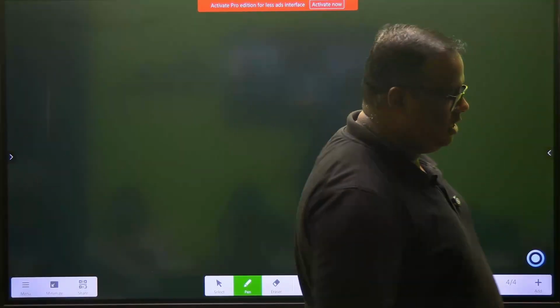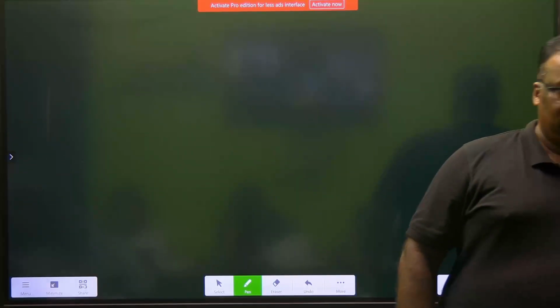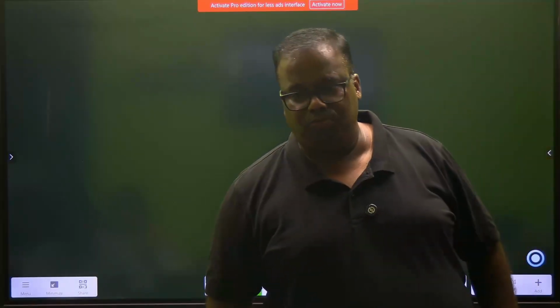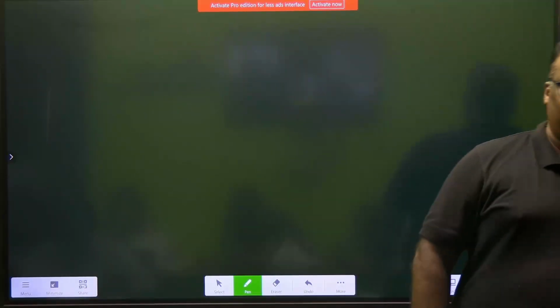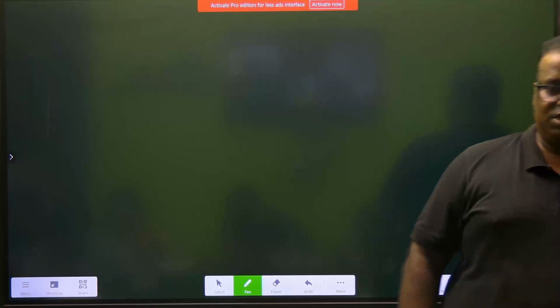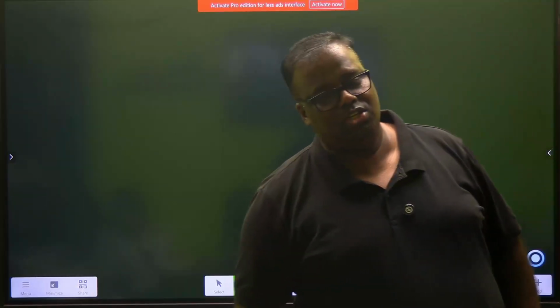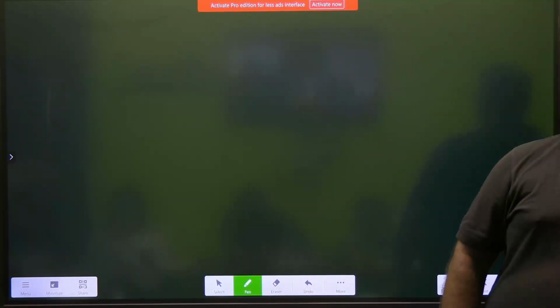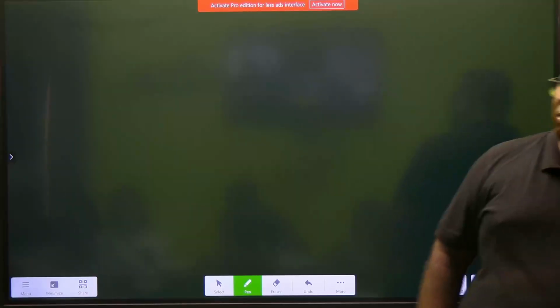What are the criteria? You yourself know. Type of forces should be the same. Magnitude should be the same. Direction should be opposite. Now everything is clear?